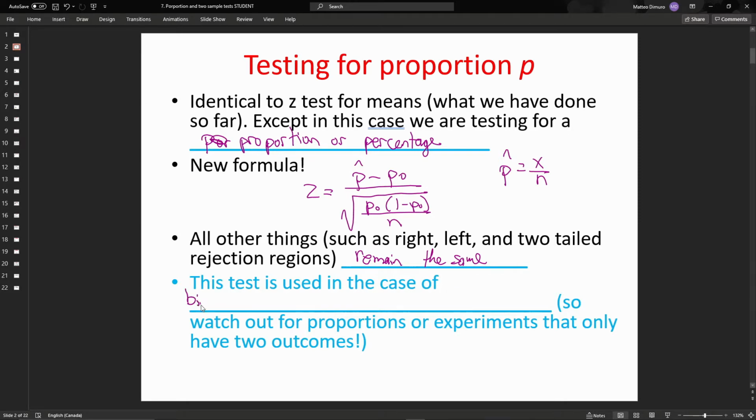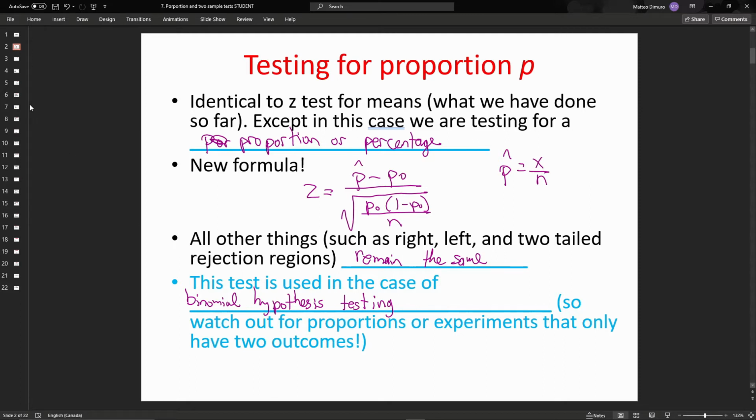So watch out for questions that have dichotomies, okay? So, people voted yes or no, or people preferred product A over product B, and so you'll have sort of a binomial situation, but it'll be a hypothesis test.